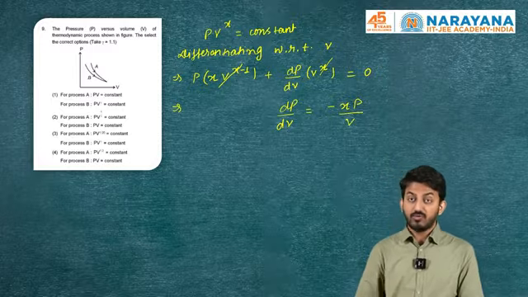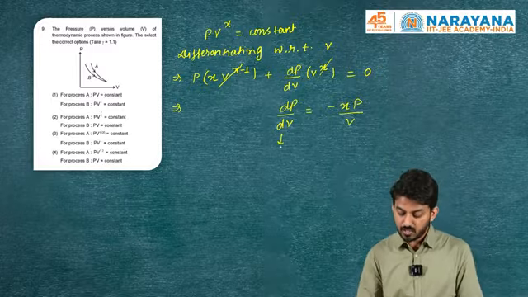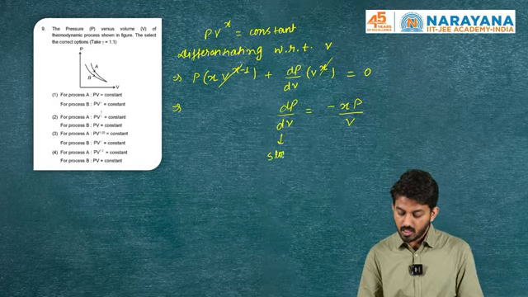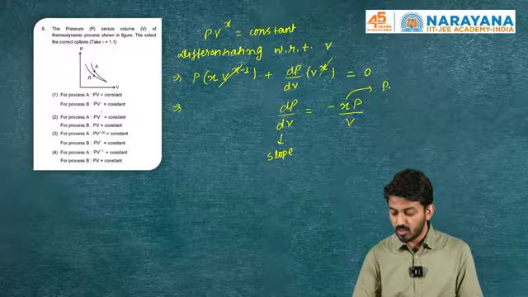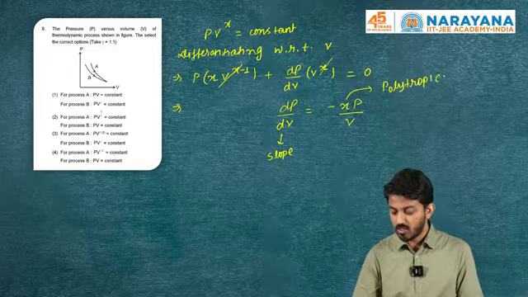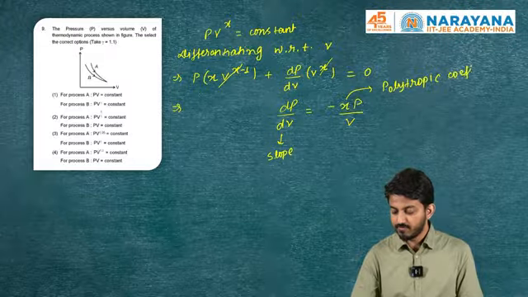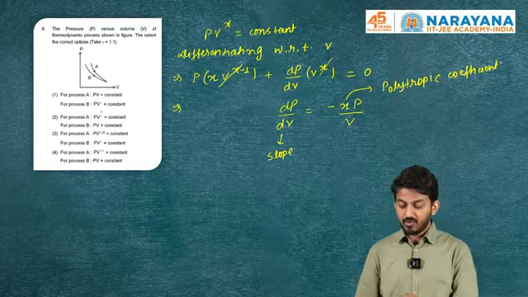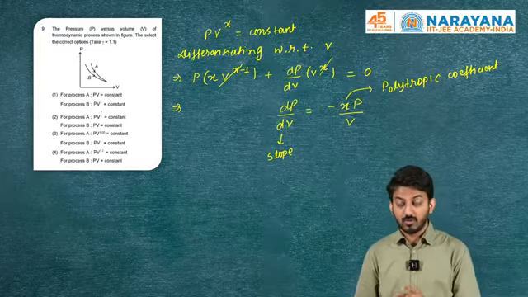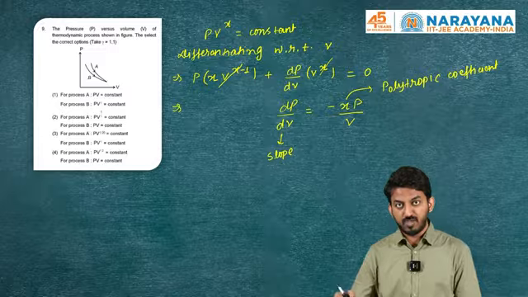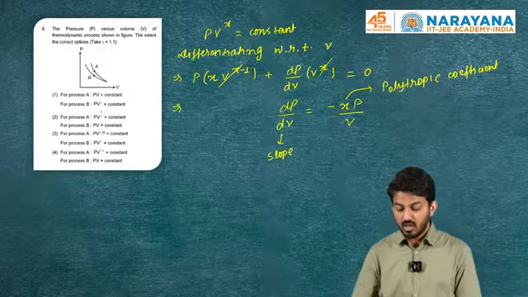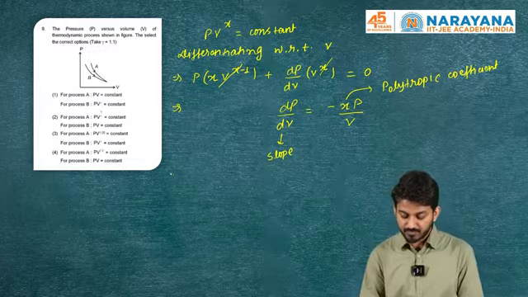Now if you look at this, this here is the slope and this here is the polytropic coefficient. All right, now you can see the slope is equal to x times p by v. So larger the x value, larger the slope, the steeper the curve.